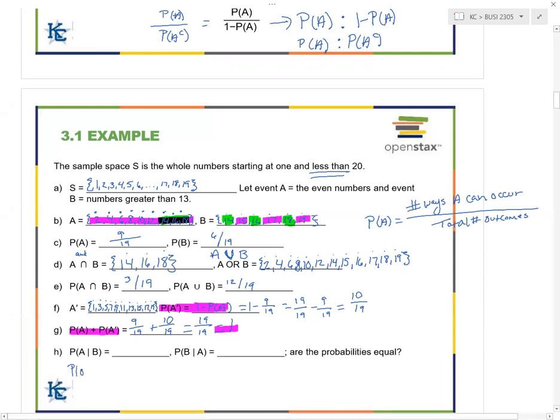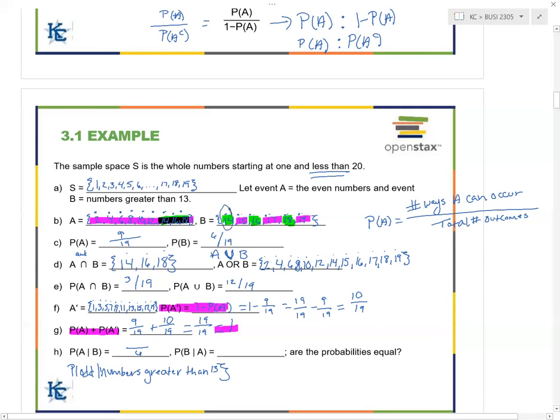So what's the probability of getting an odd number knowing that you're only talking about numbers greater than 13? So you're looking only at B. So that's going to be your bottom number now, is whatever is in the total amount of B. So 1, 2, 3, 4, 5, 6 in B. So that's going to be our bottom number.